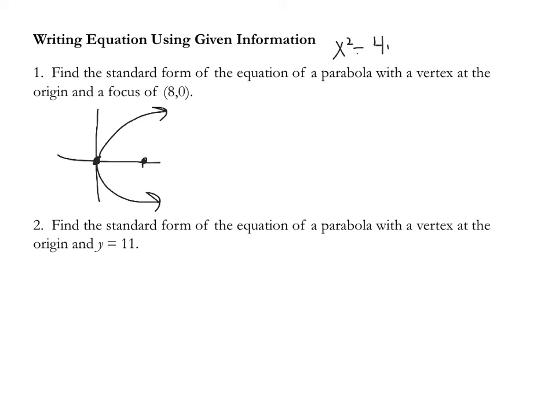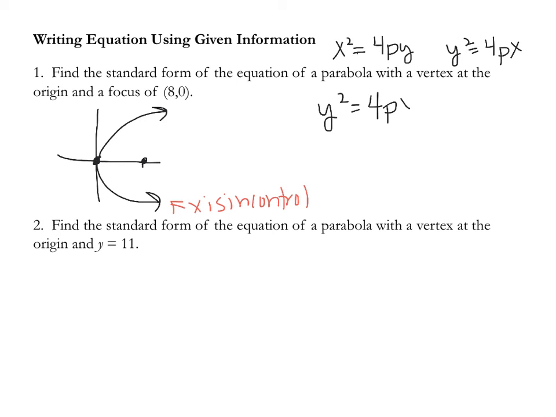So of my options, I'm going to write them up here. I have x squared equals 4py as one equation we talked about, or y squared equals 4px. If you look at what's in control based on what this looks like, this tells me that x is in control, which means I need to pick the formula that has x not squared, to the first degree. So this is the formula I want. And I can figure out what p is just by looking at the graph.